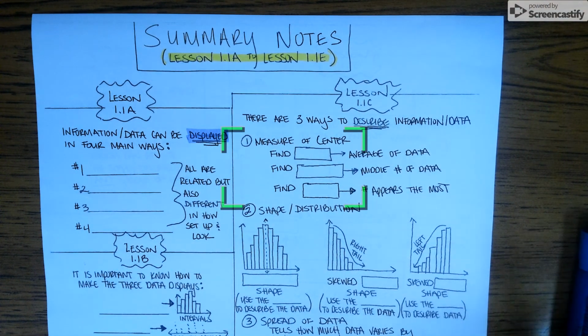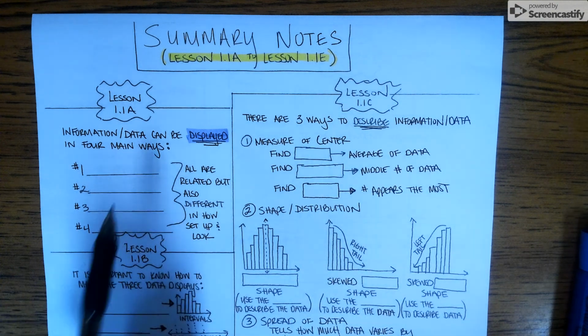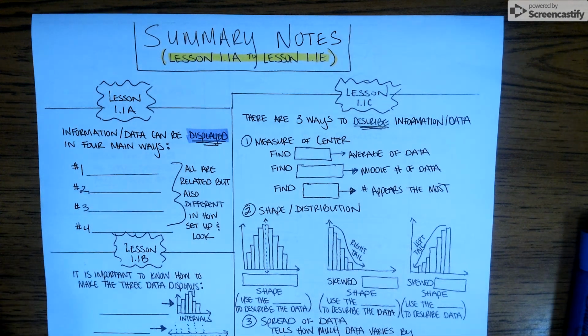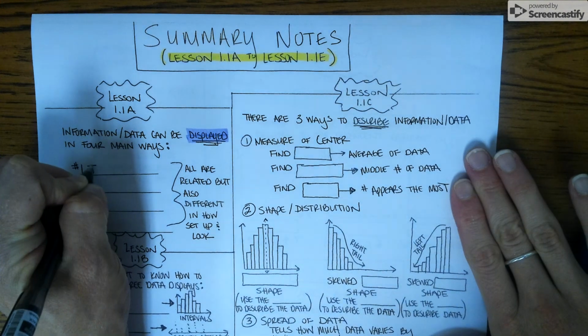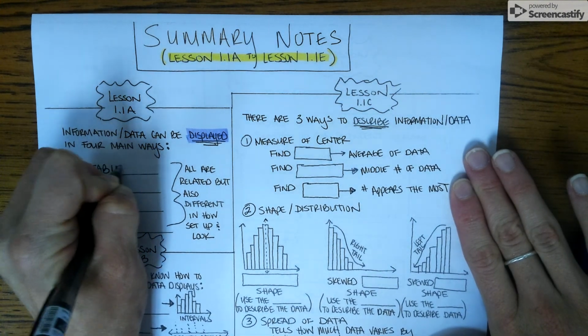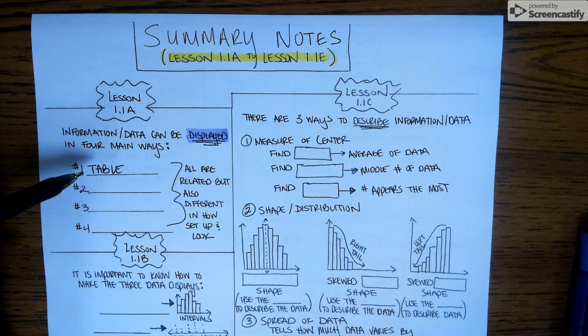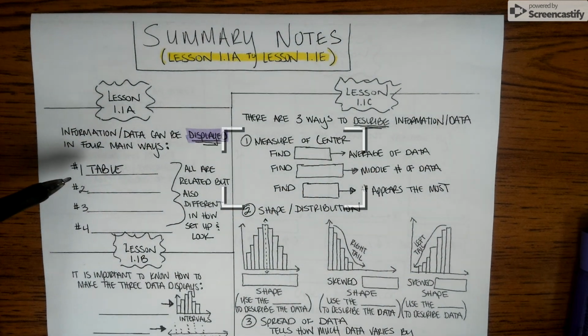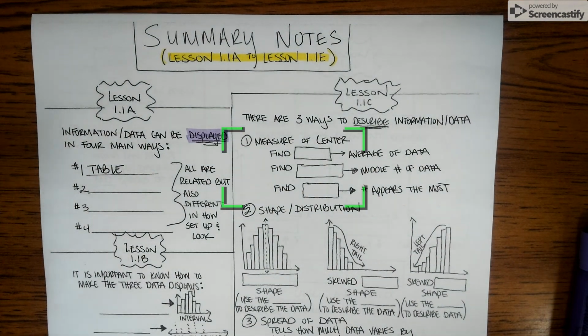There are 4 main ways in which we in algebra display our data or talk about the information that we are given or learn. The first way is by making a table to organize our data or our information. Setting up tables is a nice way to organize the information and understand what the data is saying.